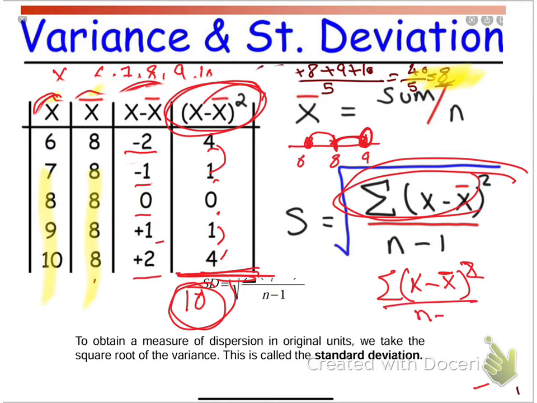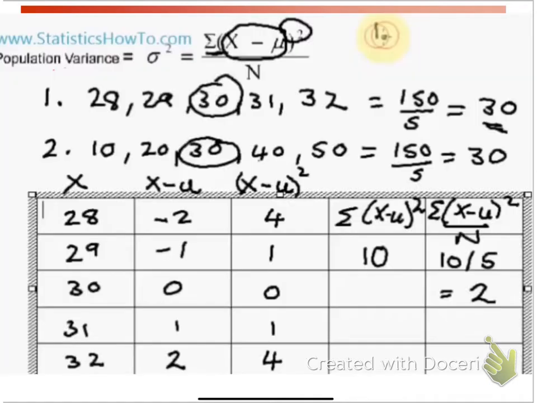Then the denominator will be n minus 1, all put under a square root. Then we'll get the standard deviation. This is the formula of the standard deviation for a sample. If I have a population, it will be slightly different, and we'll come to it in the next example.